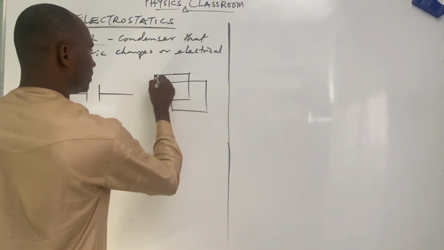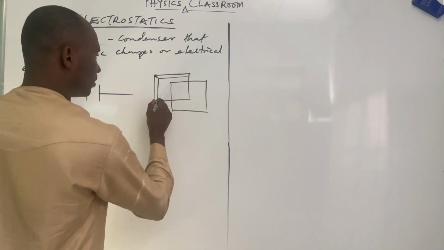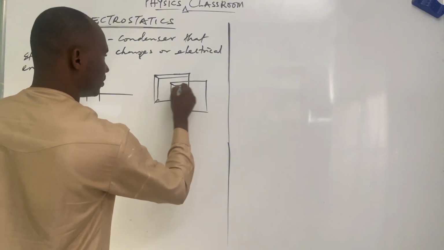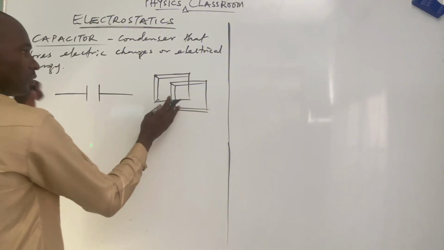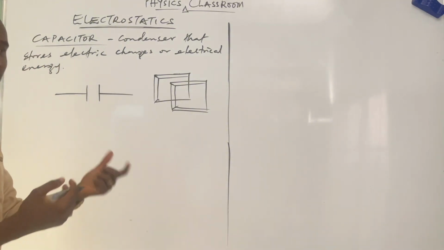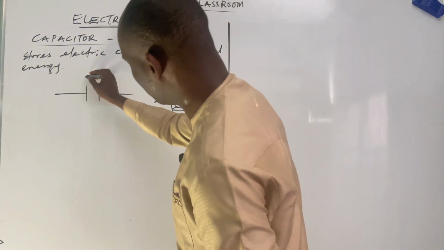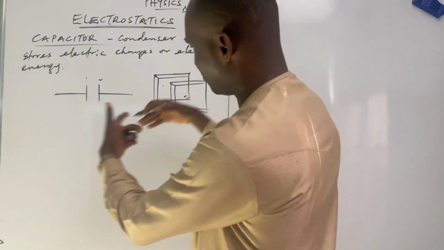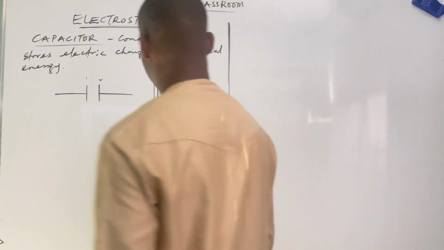I can call this plate 1 and this plate 2, which are separated by an insulating material we call dielectric, where we have plate 1, plate 2, plate 1, plate 2. That is why it's symbolically expressed as this. Take note. I believe you won't forget this again.